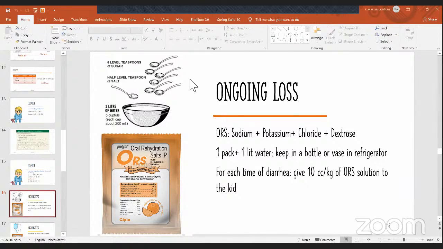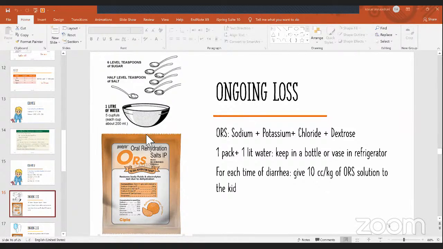So that is what we are going to do. And since the contents of the stool are some special electrolytes, besides water, like sodium, potassium, and chloride, and of course, dextrose, glucose, you're going to compensate by giving the child these electrolytes, okay?